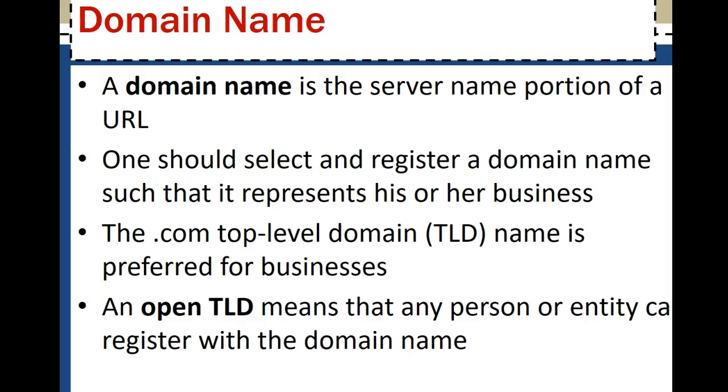You should select and register a domain name that represents your business. The .com, the top level domain, what we call the TLD, is a preferred name for businesses. An open TLD means that any person or entity can register with that domain name. So you need to find out if that domain name exists, and then you can pick it.